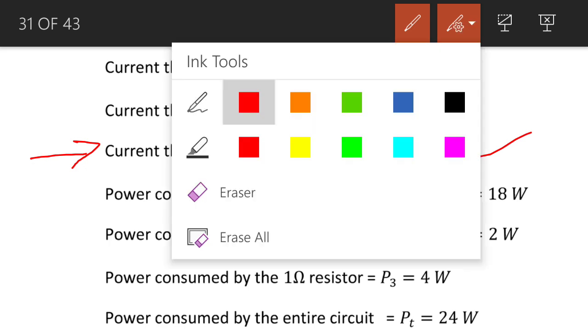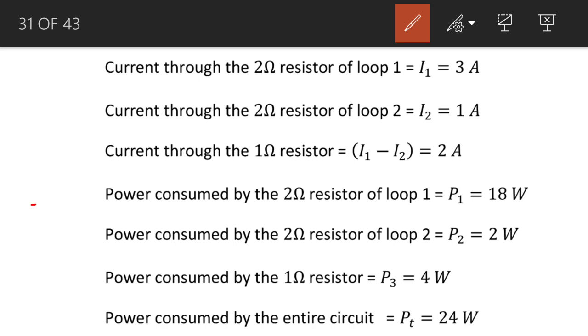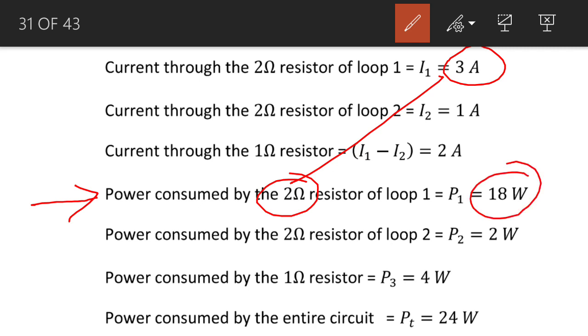So the power consumed by the 2 ohm resistor of loop number 1 will be equal to I1 square, that is 9, multiplied by R1, that is 2. So 9 multiplied by 2 gives you 18 watt. This much power is consumed by the resistor R1.